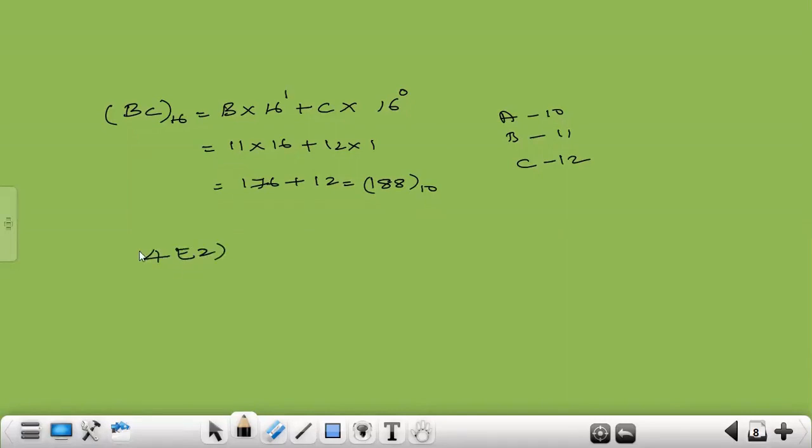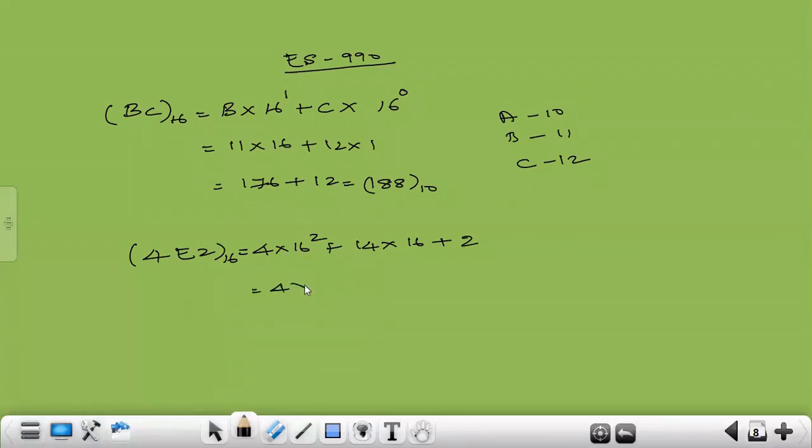4E2 with base 16. It is 4 into 16 square plus E, which is 14, into 16 plus 2. 16 square is 256.